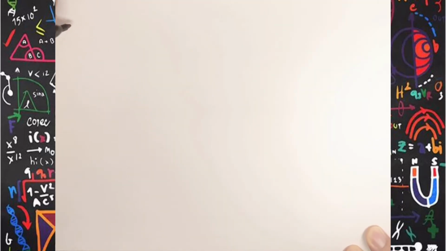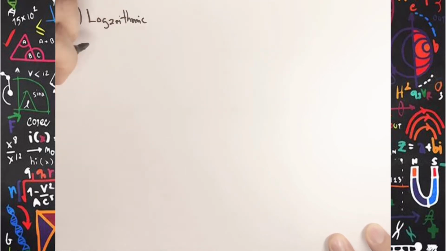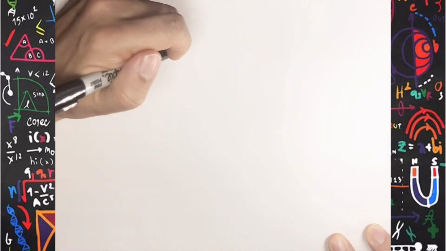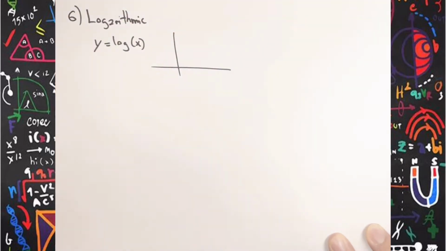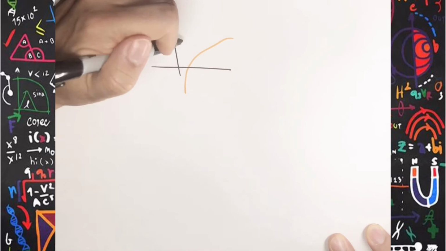Number 6, logarithmic functions, or logarithm, whichever way you prefer. They look like this: y equals log of x. They have a base. And when we plot them in our xy axis, they're a function that grows constantly.